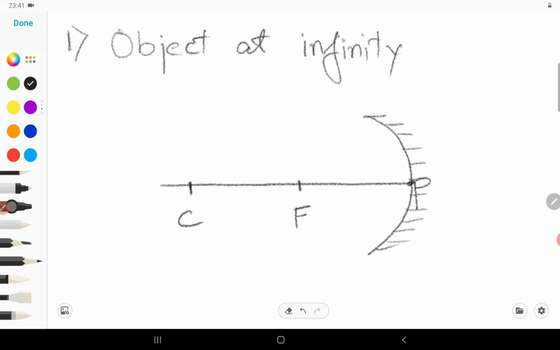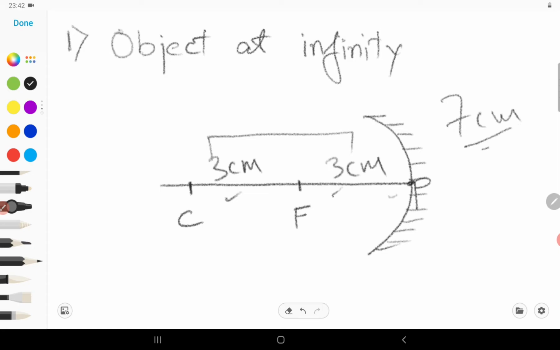Here I am not using a ruler, but when you are drawing in your exercise book, please use a ruler. Suppose you keep this as 3 centimeter, keep this also as 3 centimeter. The distance should be the same. So in total we are drawing 6 centimeter. Whenever you are drawing the principal axis, draw a little bit more than 6 centimeter, probably 7 centimeter, and then you start dividing.